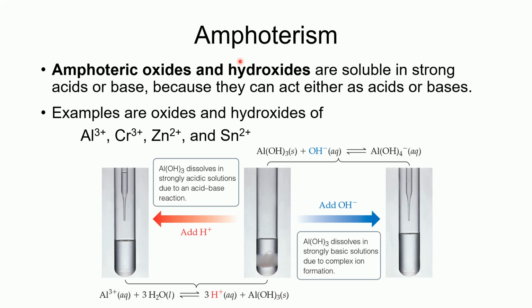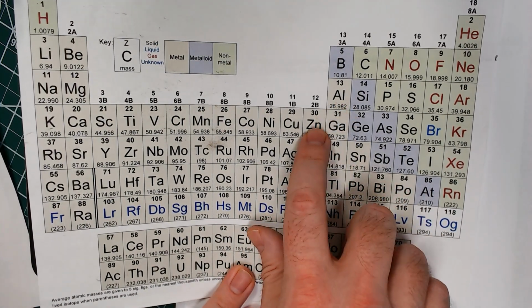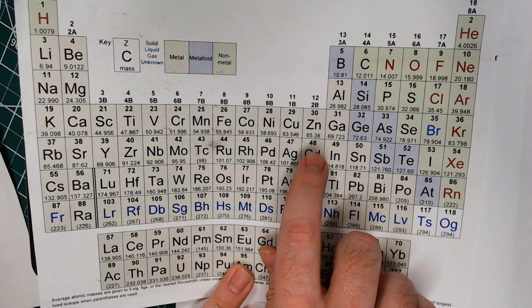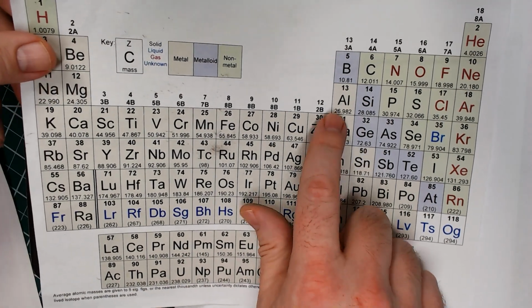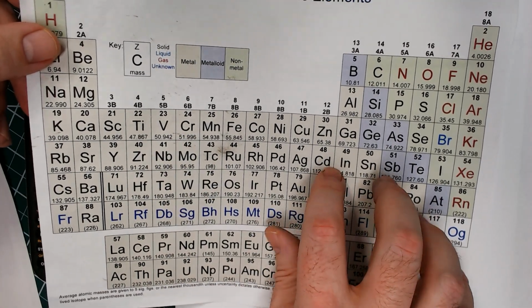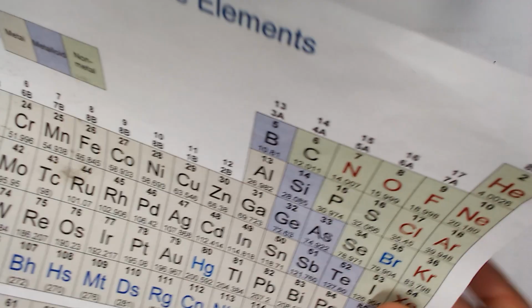So we're going to look at aluminum, zinc, and tin, and I'll show you those are all near the middle of our periodic table. So there is aluminum in group 3, there's zinc, tin. I think maybe even cadmium does this, but I'd have to look that up. So chromium is over here. It acts a little bit differently, but there's that. I think lanthanum may do this as well, but I'd have to look that up.